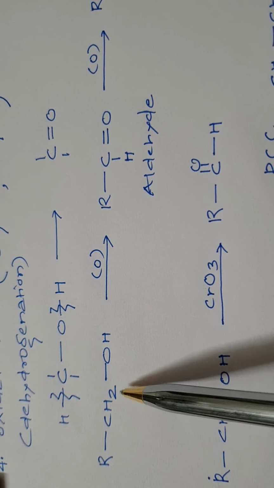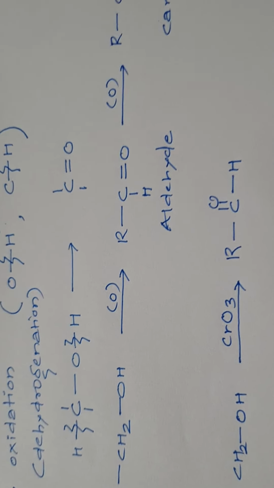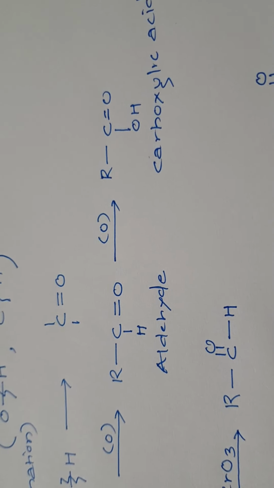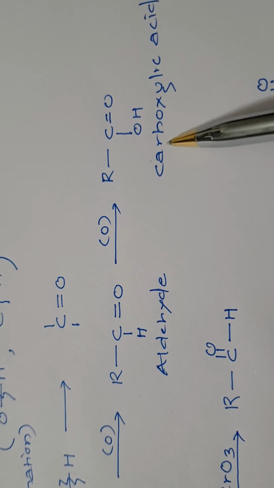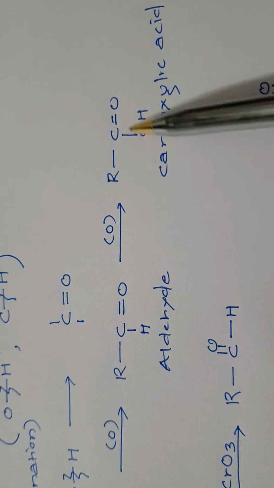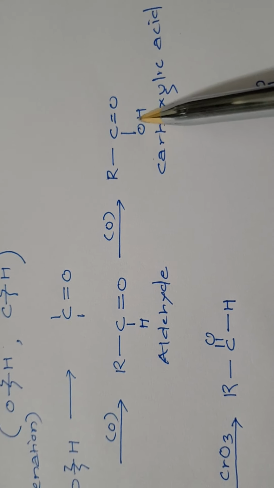A primary alcohol gives you aldehyde as the product, which on further oxidation gives you carboxylic acid. Now, interestingly, look at it. Oxidation over here means addition of oxygen. This is the oxygen which is coming up over here.